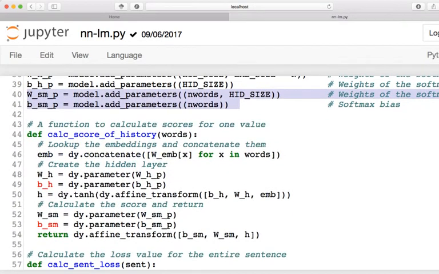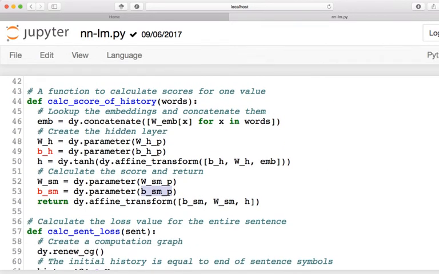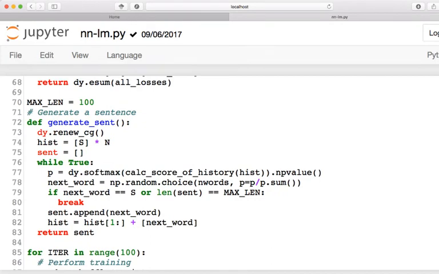Then we do a nonlinear transform, and then we do our affine transform to get the output. So it's very, very similar to the log linear model that I talked about before, but we're just adding a word embedding lookup and a nonlinear layer. And then everything else is, I think, exactly the same.